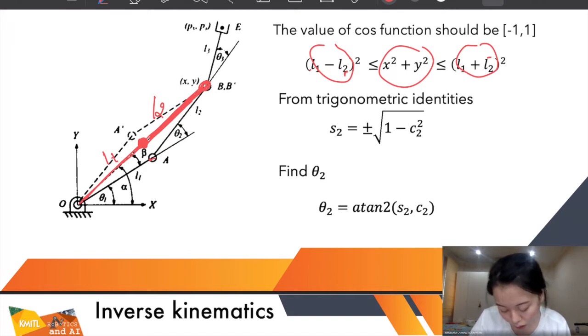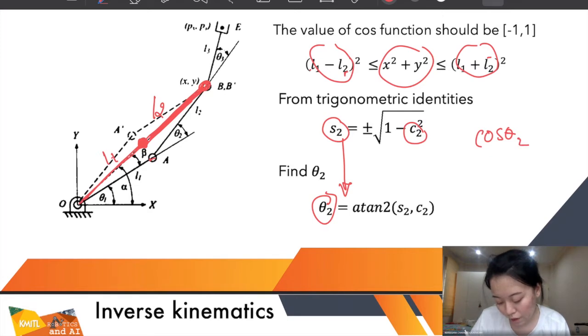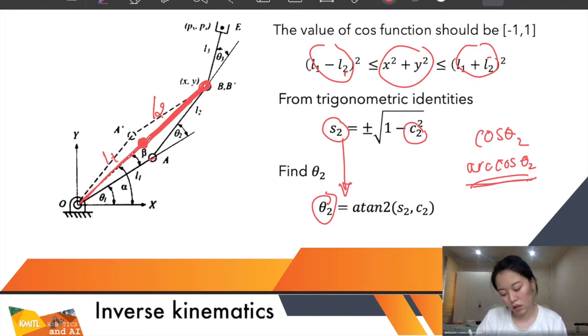And next, we get cos theta 2, and we have to find sin theta 2 in order to find theta 2, because if we get only cos theta 2 and find it by arctan, it will give only the positive quadrant.